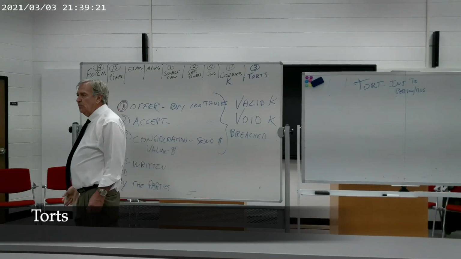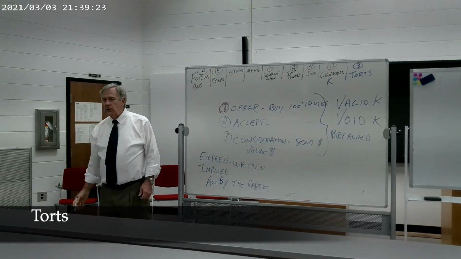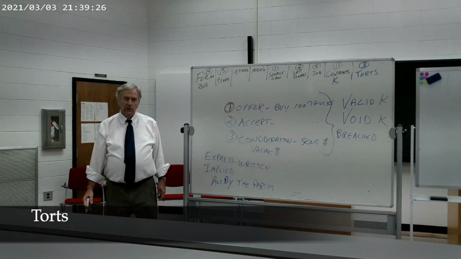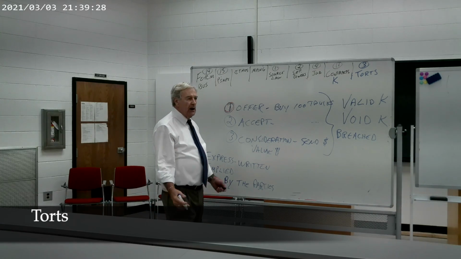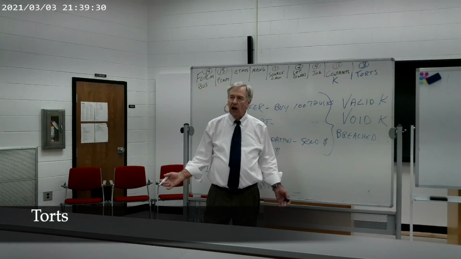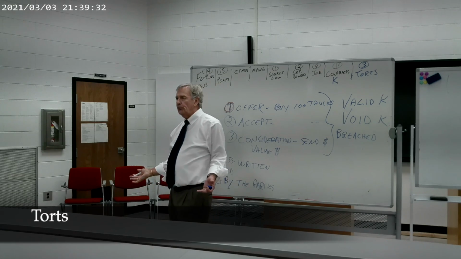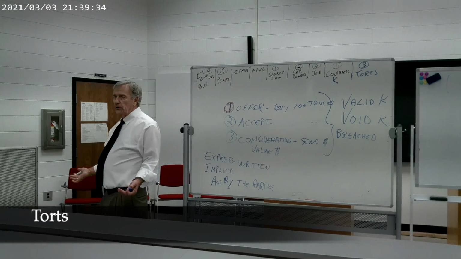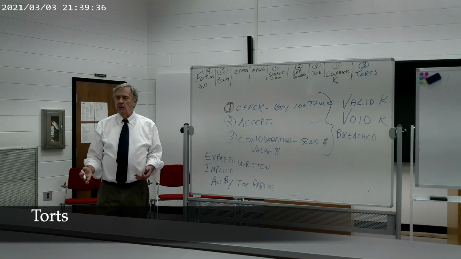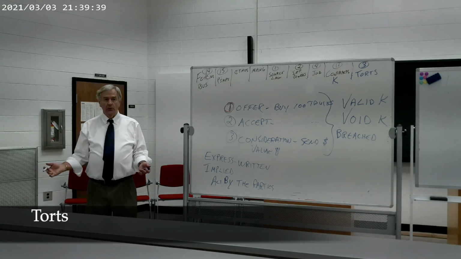Okay? Lawyers get rich on torts. Somebody has a car wreck and they're paralyzed and they win $10 million and the lawyer takes 40% of it, so he's getting $4 million. That's how what they call plaintiff lawyers make their money.